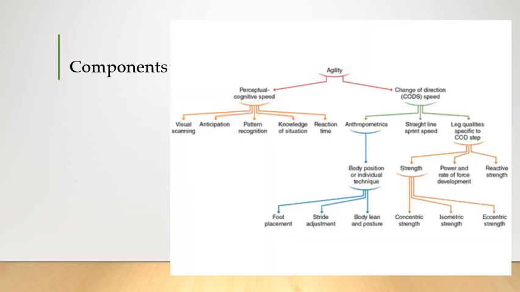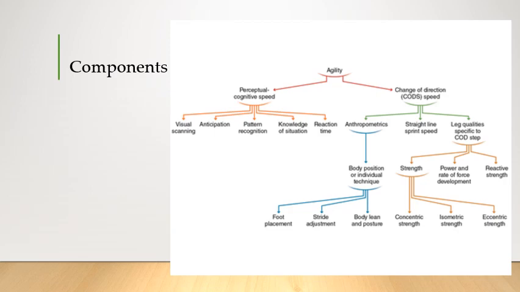Okay, so when we look at the components of agility, and this is a little chart, or I guess it's not a chart, it's just basically a figure that's in your book. So this is really important, and take some time to look at this, because what this table does is it breaks down both the cognitive and physical components of agility. And it's pretty insightful to look at this.